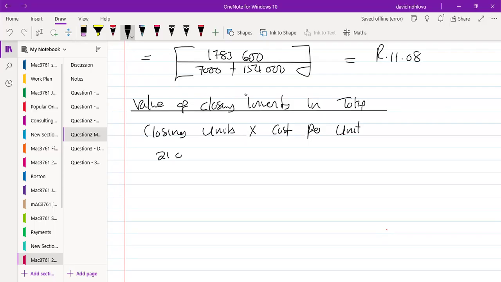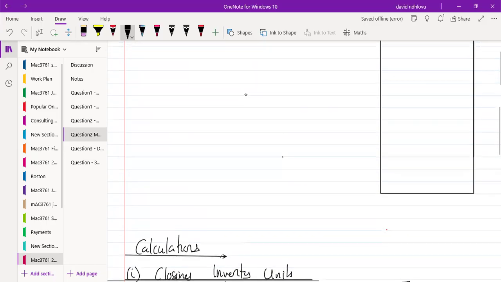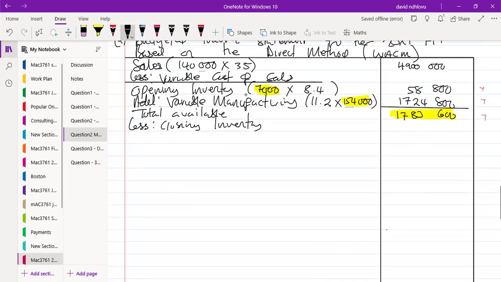Closing units calculated 21,000, cost per unit 11.08, and then we get the value of closing inventory. So all in all, we're going to get 232,643. So this is the value that we're going to have here, 232,643, which is our closing inventory value.